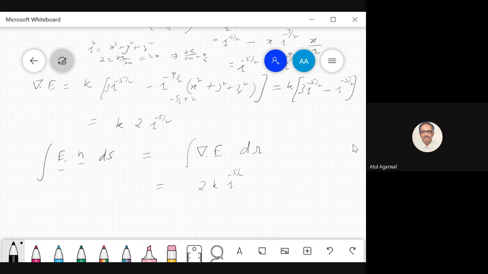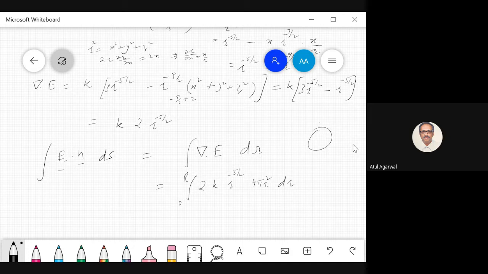Now this is a function of r, so if you take a spherical shell, you get 4 pi r square dr, which is the volume of the spherical shell. Then you have to integrate from 0 to r.